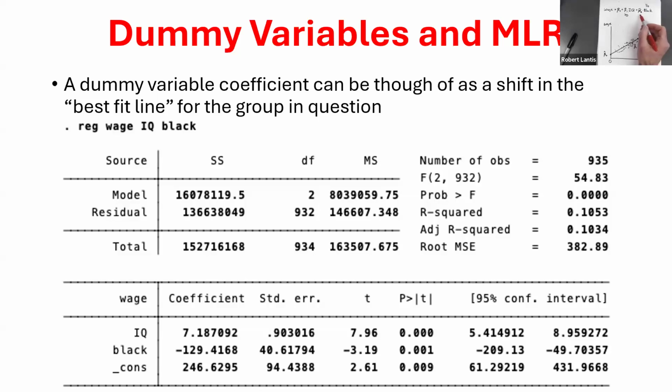So what would the interpretation of beta 2 be here? For an individual in our data set who's Black, belongs to that coded 1 group, relative to the 0 non-Black group, what is the predicted change in their wages holding constant their IQ? The thought experiment is I have 2 individuals with the exact same intellectual ability.